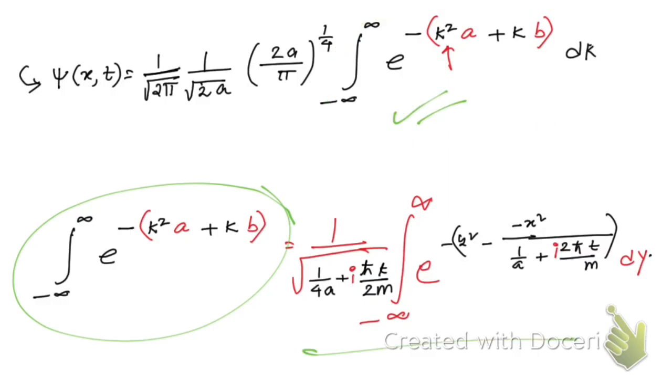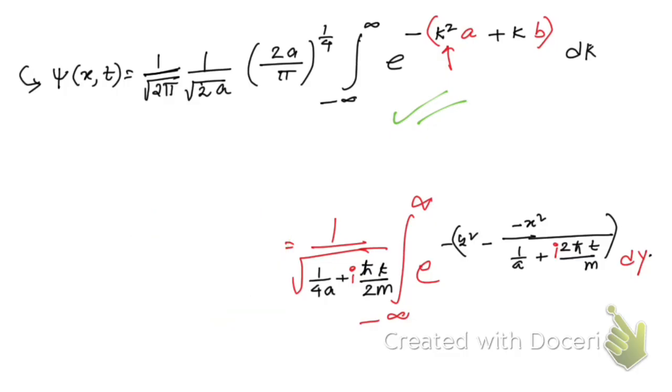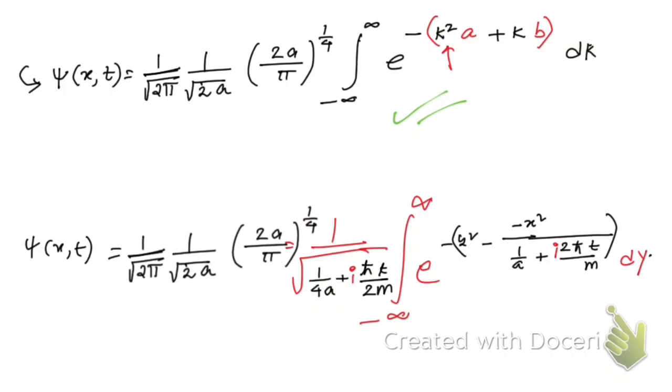Then what we're gonna have is psi of x comma t is equal to, let me write this part. This part is here, and then here you see that this part is replaced by this result.